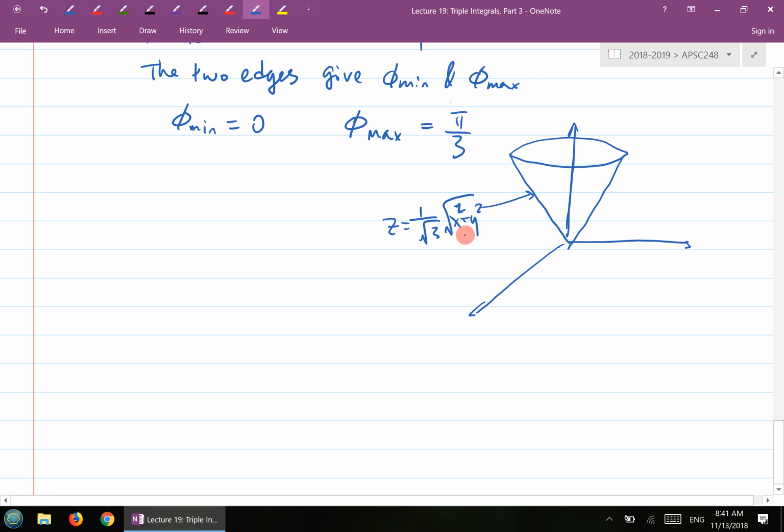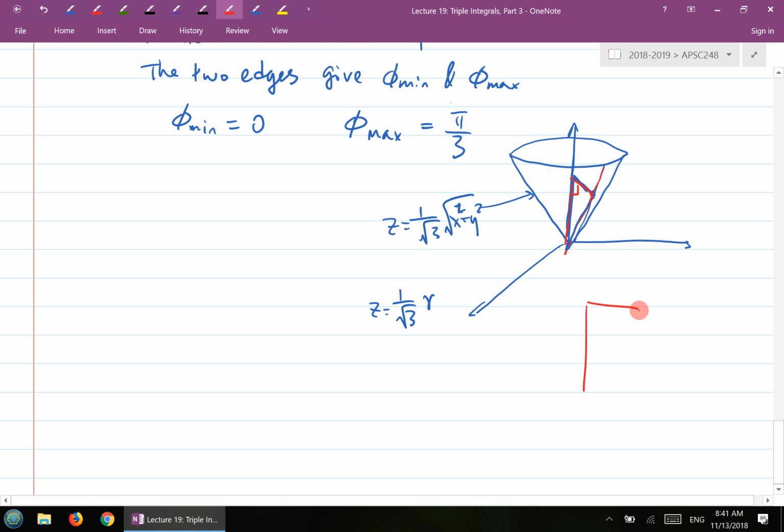When you substitute x, y with r cosine, r sine into here, you'll get z equal to 1 over root 3 times r. Basically, what that means is, if you pick any point on the cone surface here, you can always create a right triangle here.